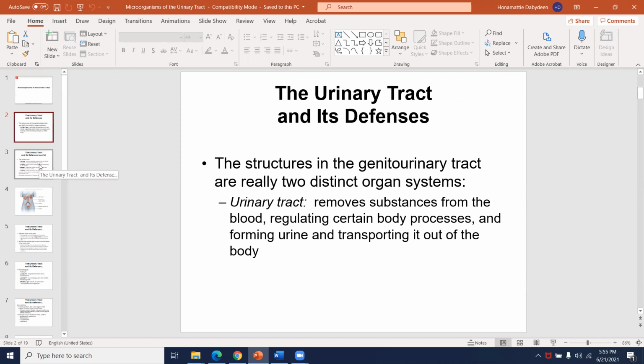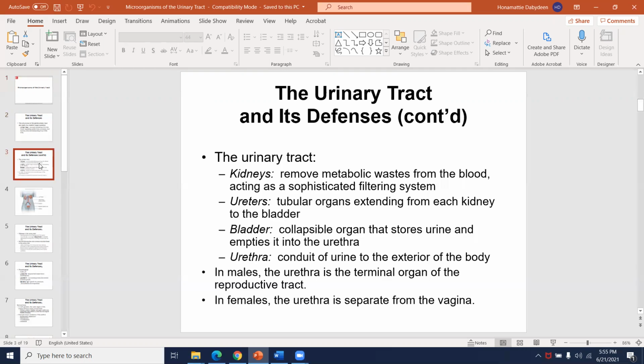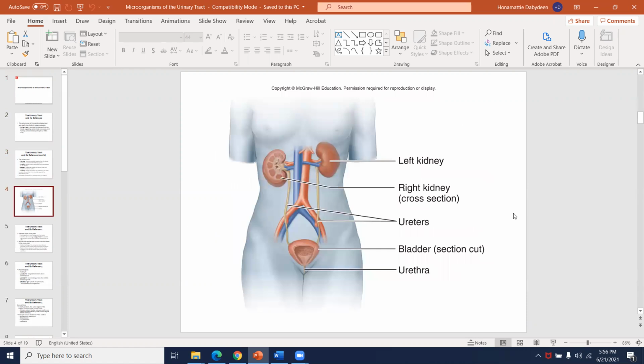All right? So let's talk a little bit about the urinary tract. If you remember from your A&P, in line with everything else, we talk a little bit about the anatomy. The urinary tract is made up of the kidney, the ureters, the bladder, and the urethra. I have a picture here for you that I took from your lecture textbook.